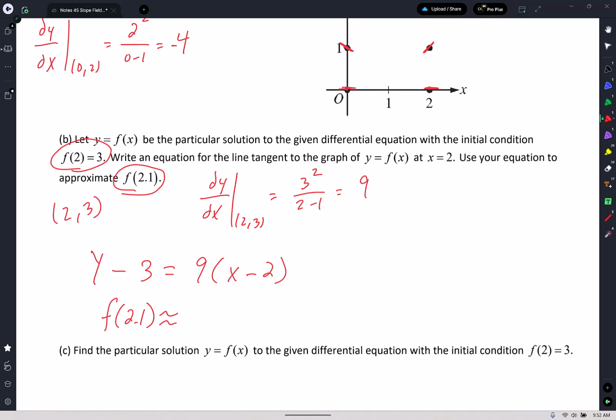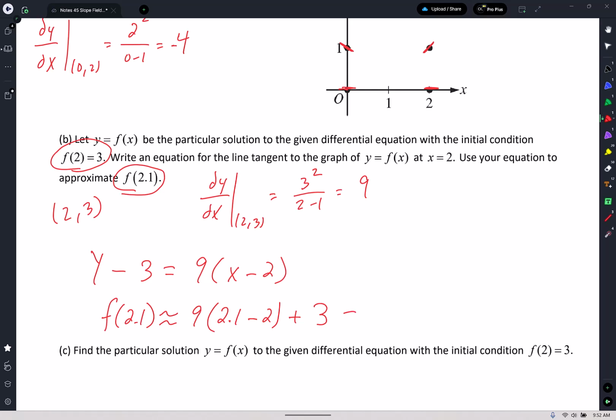You'll still get the credit. 9 parentheses 2.1 minus 2, I'm just plugging in 2.1 for the x, plus 3. If you're scared, can you leave it alone right there and get full credit? Yes. If you're prone to making accidents, distributing and all that, leave it alone. But right now we're courageous, so we're going to do it.